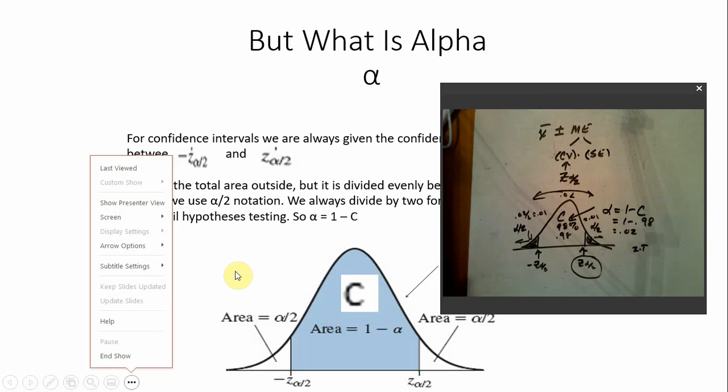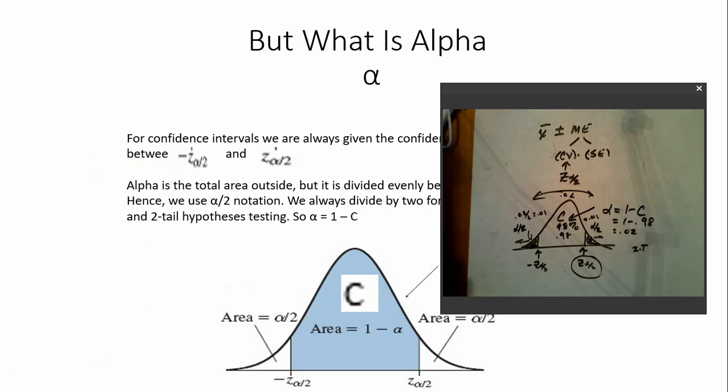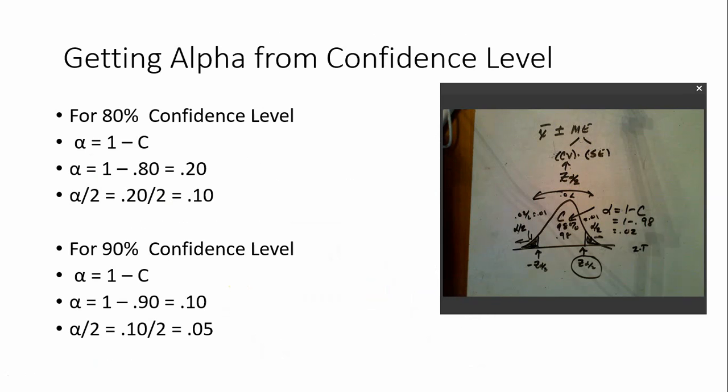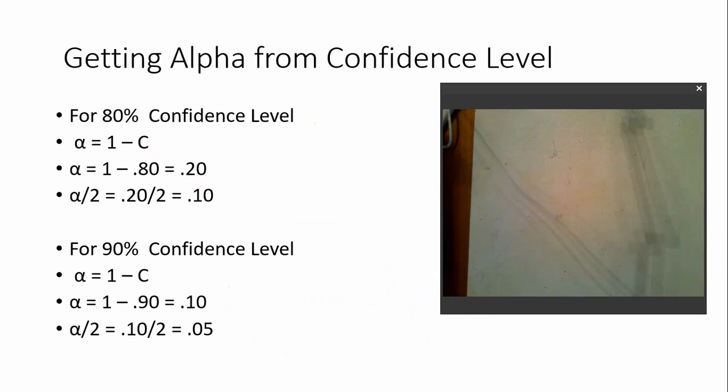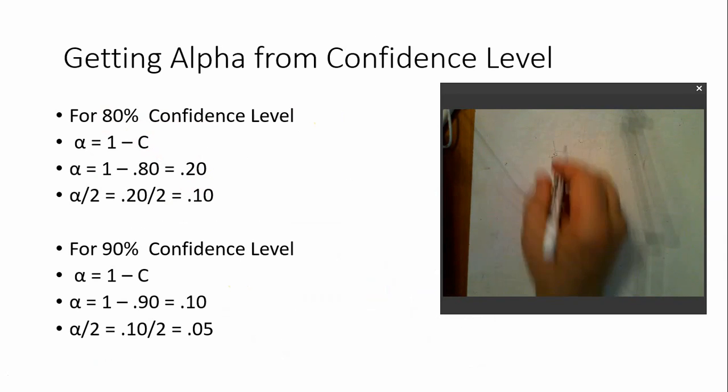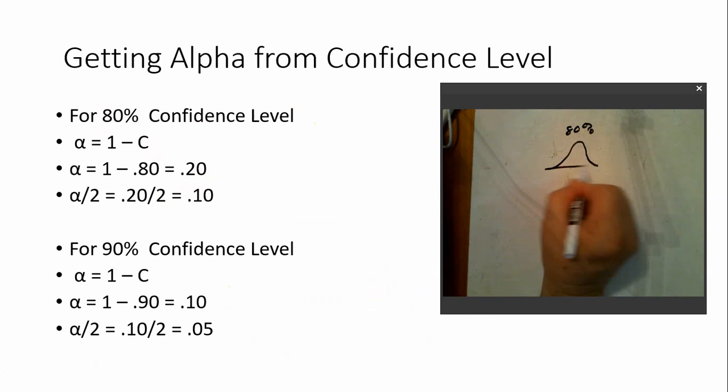So that's how we go about working on our alpha level. Getting alpha from the confidence level, here's a couple of examples I did for 80% confidence. I'll draw my picture.